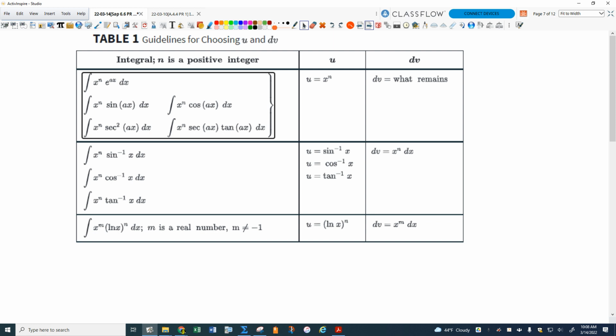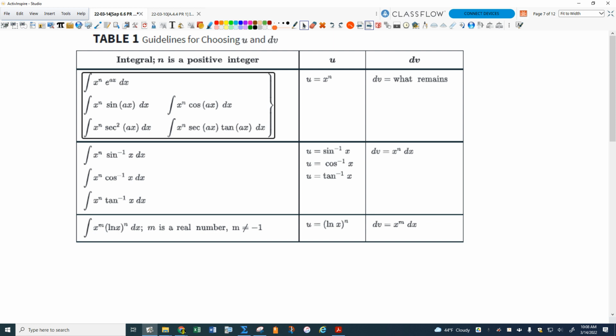Well, then what's your choice of u going to be? If these transcendental functions, that's how we label those things, if the exponential or the trig functions are being multiplied by a power function, right? Then you're always going to want to choose the power function as u, and the dv is going to be the transcendental part of that, right? Does that make sense?